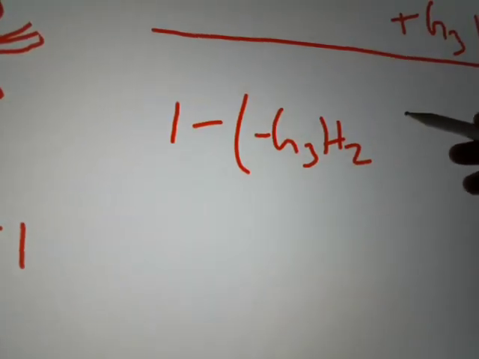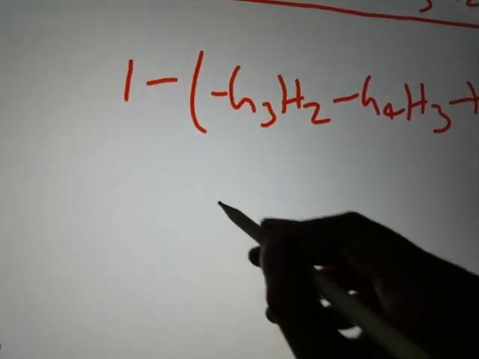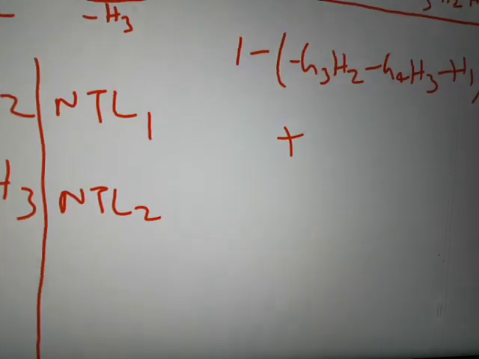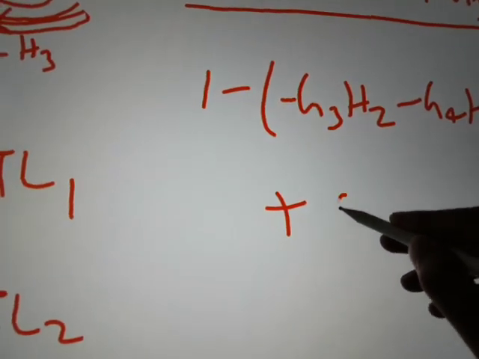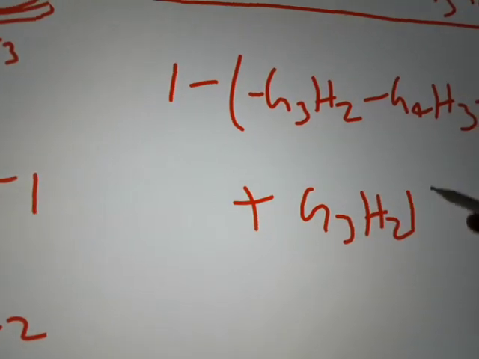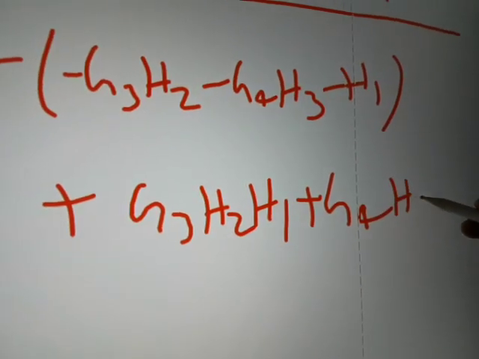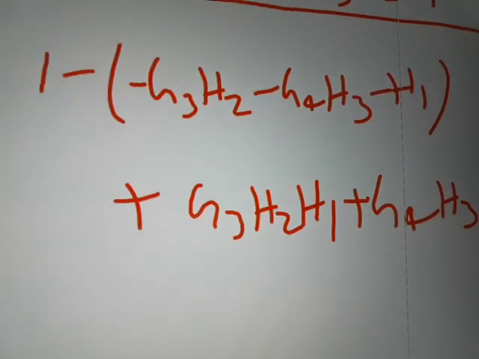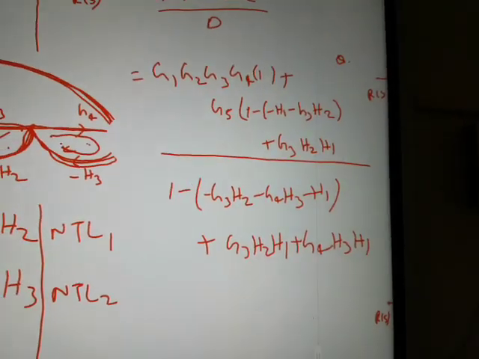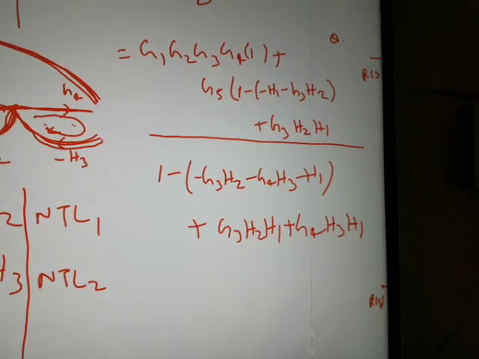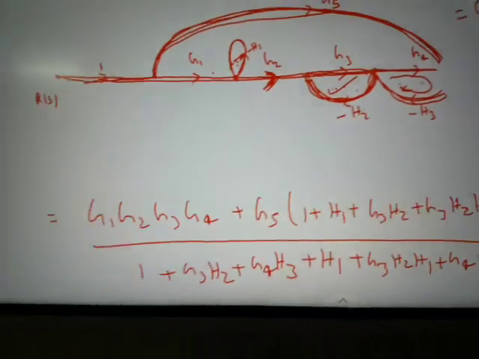We already found the loop gains: minus G3 H2, minus G4 H3, minus H1, plus the summation of two non-touching loop gain products: one is G3 H2 H1, plus G4 H3 H1.